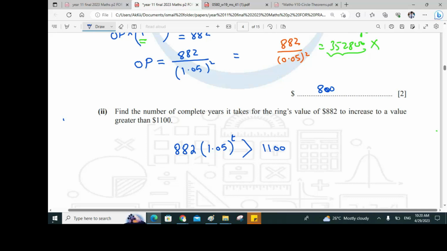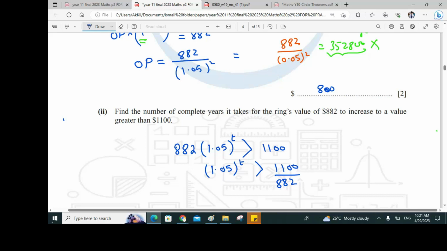Okay, for that what will I do? If I have to find out this value, what will I do? I will just move this on the other side. It will be 1.05 to the power t is greater than 1100 divided by 882. Okay, let me do it and see what I'm getting over here. 1100 divided by 882.